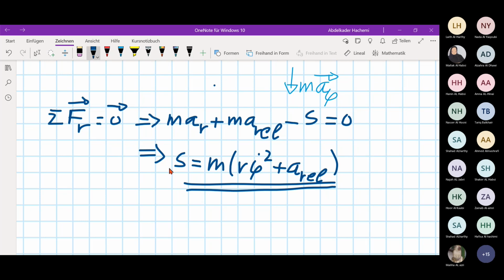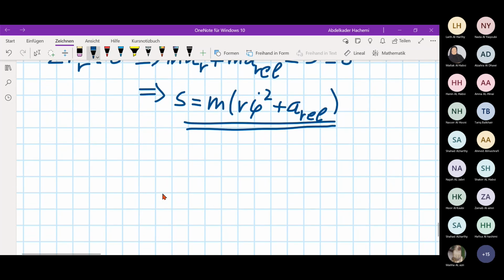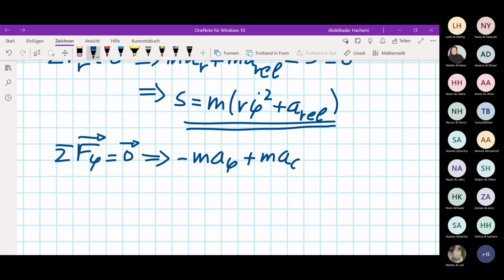Now we take the perpendicular direction, that means the sum of the forces in phi direction. This will be equal to 0. Then we have minus M A phi plus M AC, the Coriolis one, plus N equal to 0.